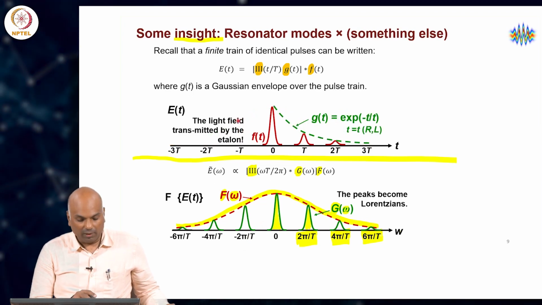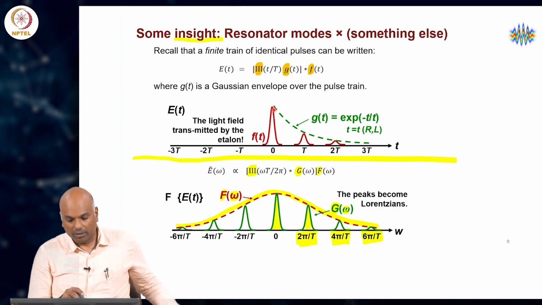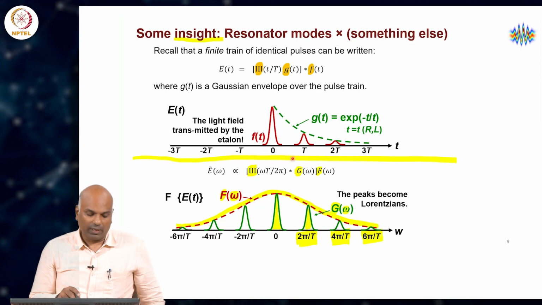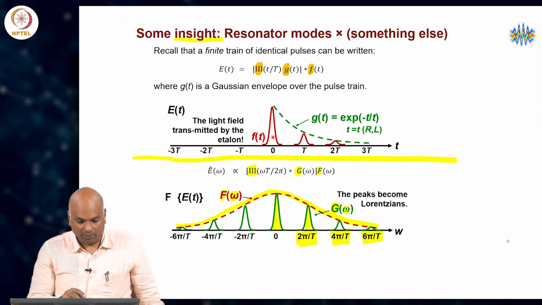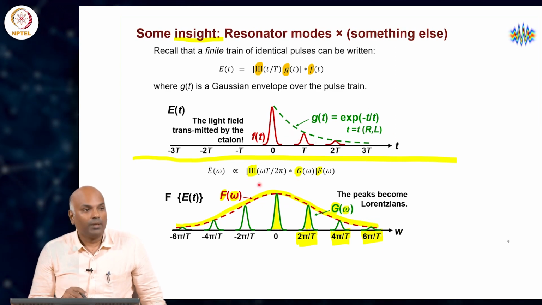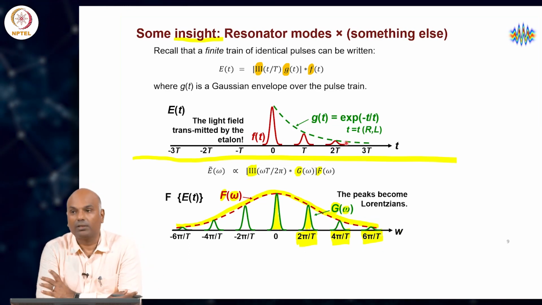Okay. So, the light field transmitted by the echelon we would basically admit is a set of pulses. That is to say, you have the first pulse tallest, then the next and so on and so forth. Okay. Here the amplitude of these pulses is diminishing.